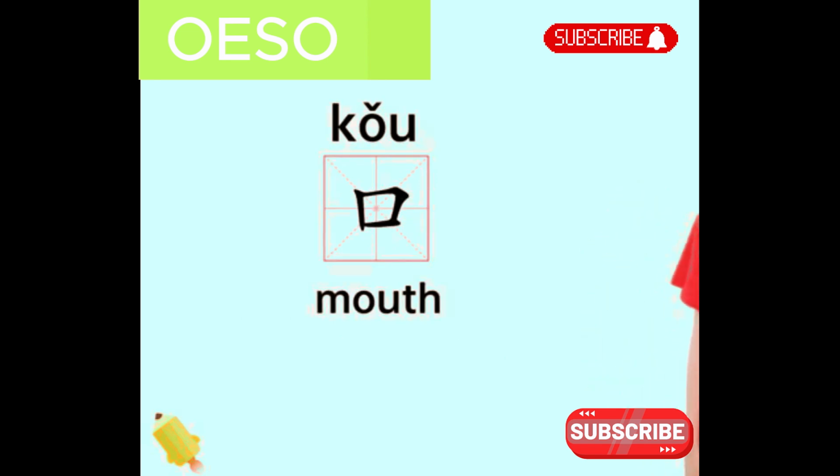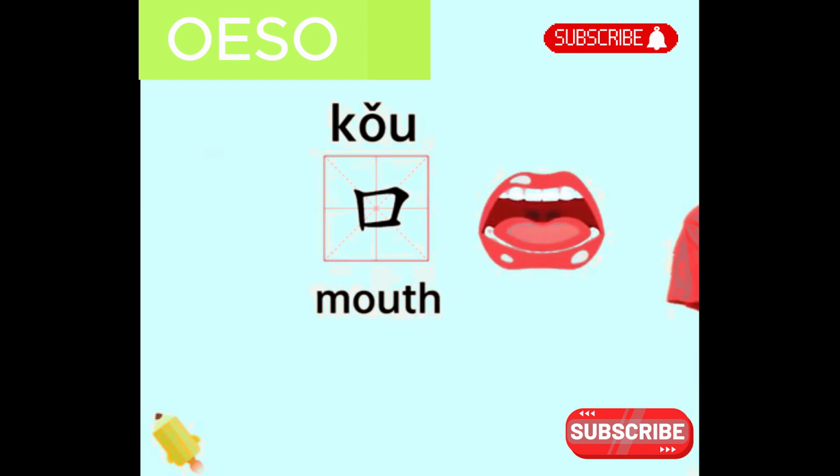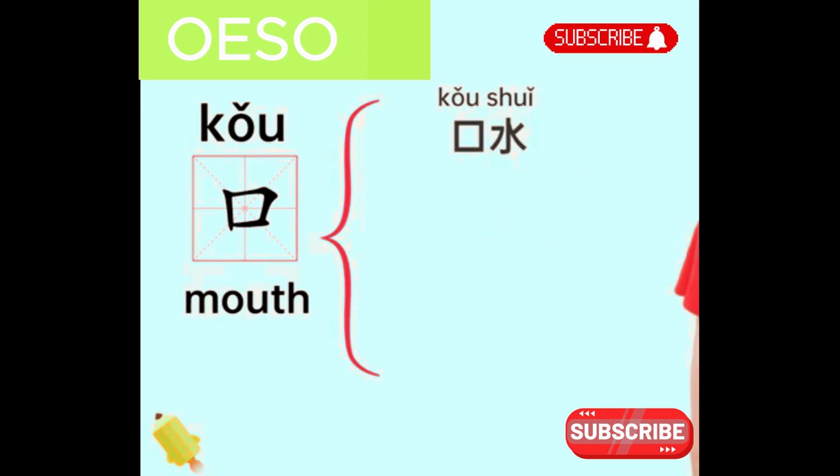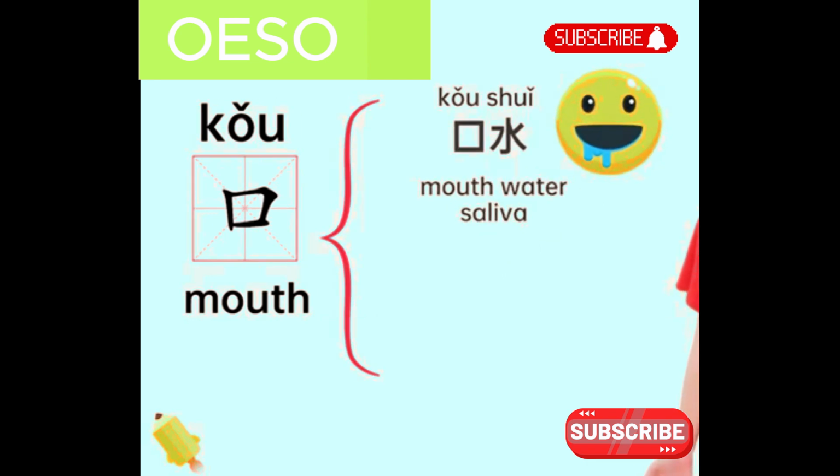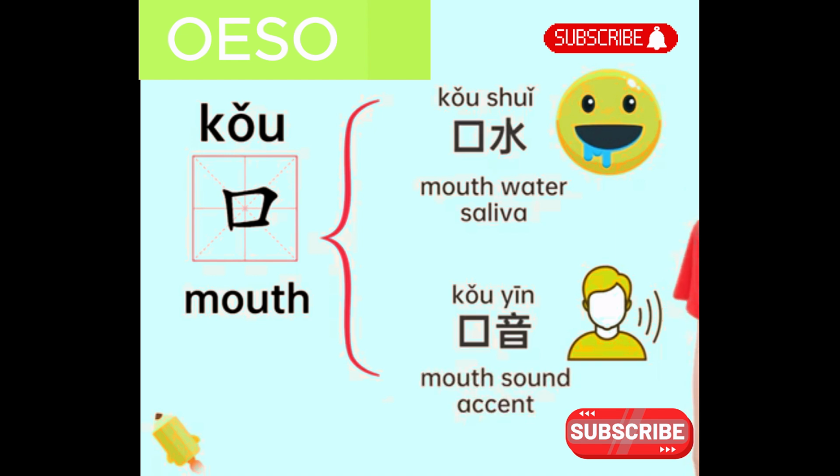Visualize it as a simple representation of an open mouth. This character is central to words like 口水 for mouth water, saliva, and 口音 for mouth sound, accents, signifying the concepts of mouth and speech in Chinese.